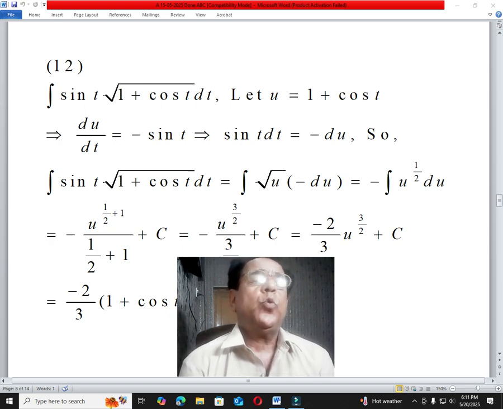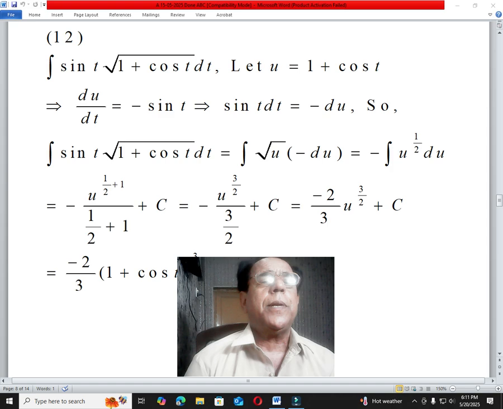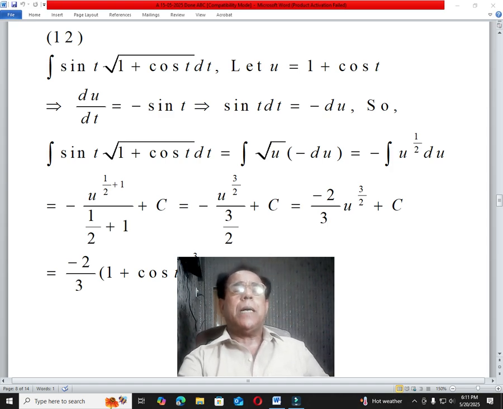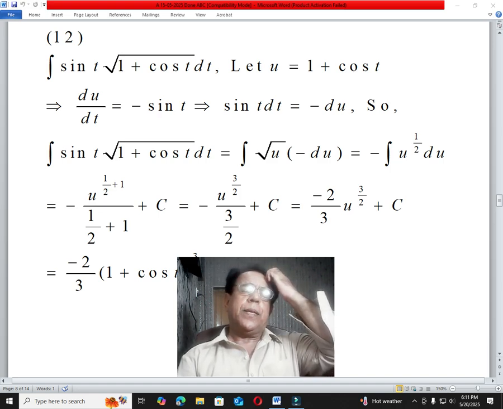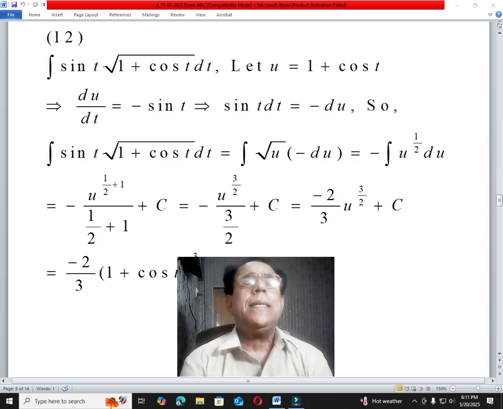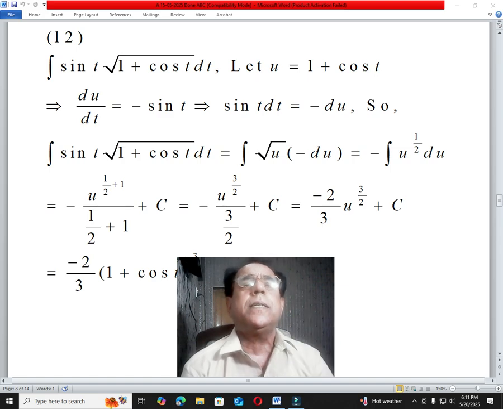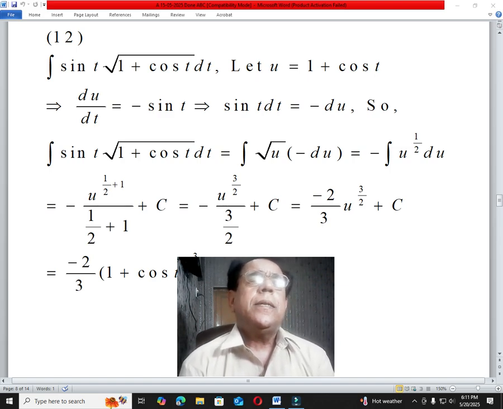So given statement sin t into square root of 1 plus cos t dt becomes equal to square root of u, because 1 plus cos t is equal to u, but in the statement 1 plus cos t is in the square root, and we know that square root is power 1 by 2.